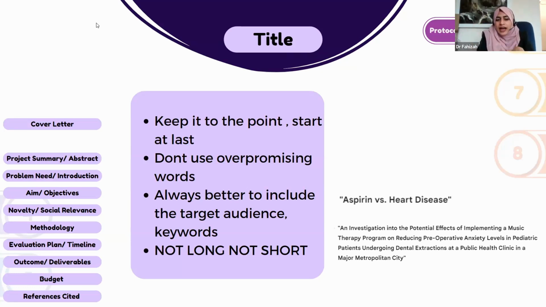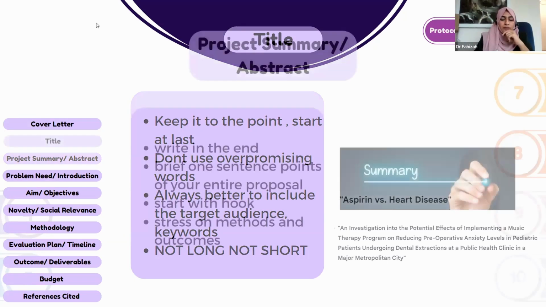Those three need to be highlighted in your title. Don't keep it very long, don't keep it very short, keep it as concise as possible. Stick to keywords. I told you about thrust areas, right? Thrust area keywords are quite important here.